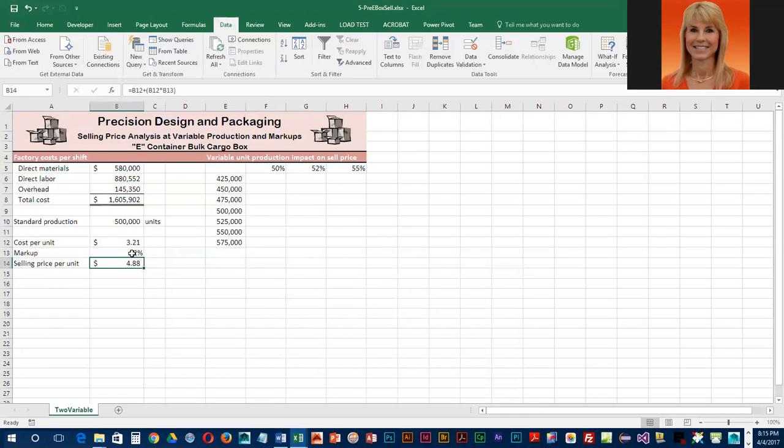Because I want to make a profit, and if I take the cost and add in the cost times the markup, use that for my selling price, that will ensure that I get a profit. Now, the tricky part is going to come in when we are telling Excel what cells to use for the column and the row.